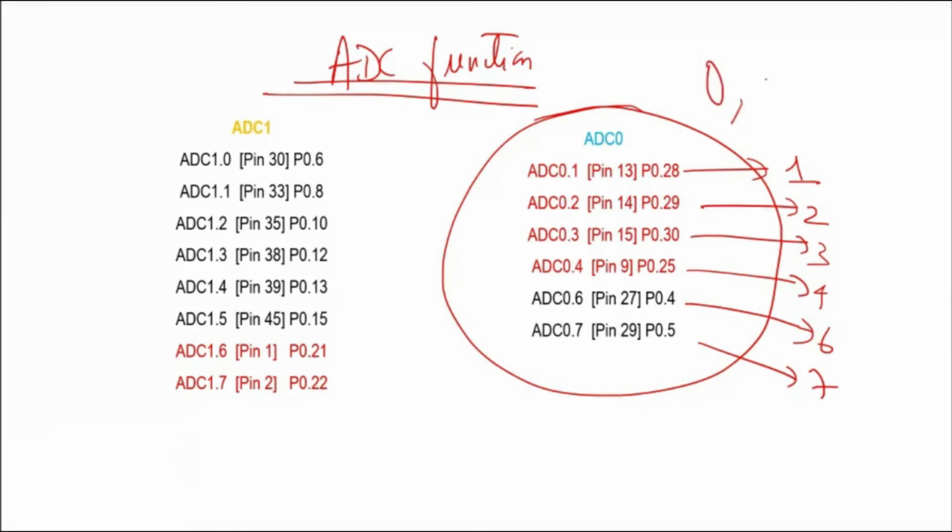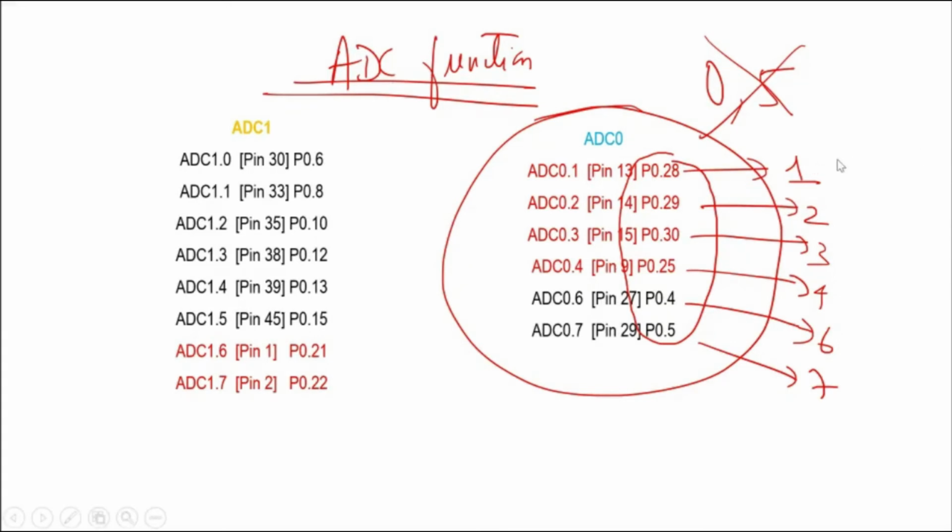Channel 0 and channel 5 are not present in ADC 0. So for each channel 1, 2, 3, 4, 6 and 7, we have to see the corresponding port 0 pin and the special function for it.